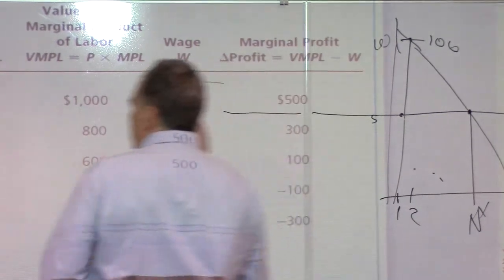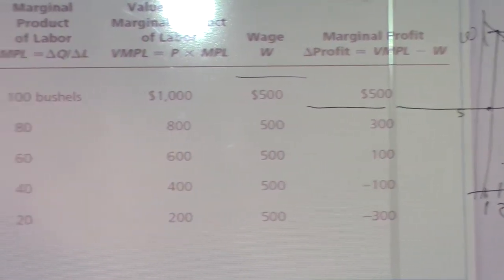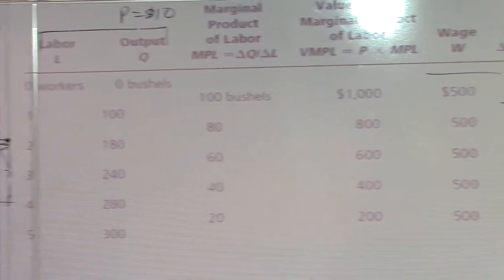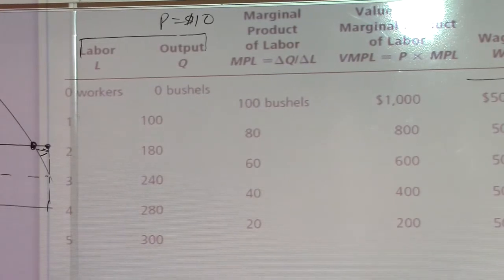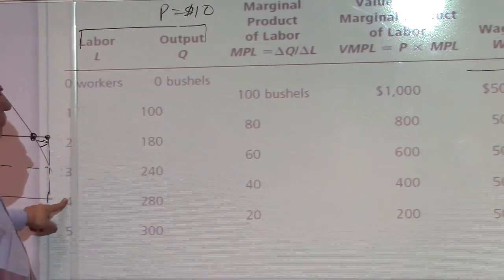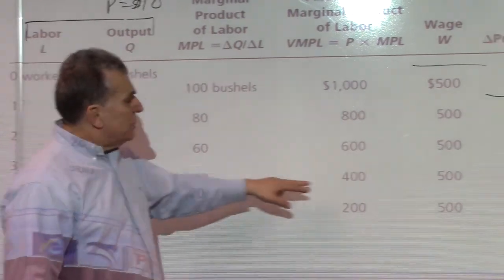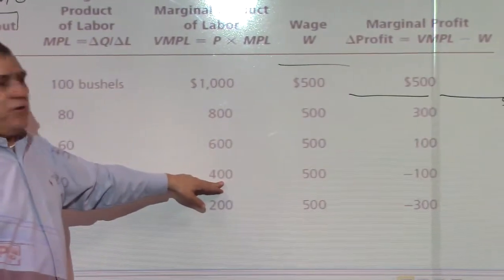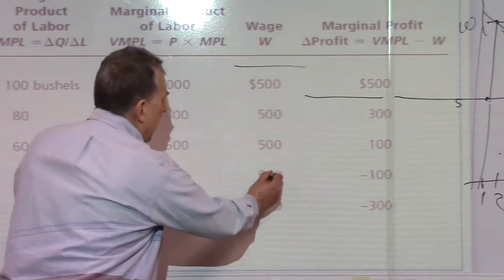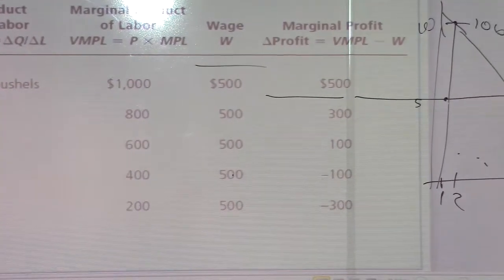You do that until it doesn't pay to hire the additional worker, and at what point does that happen? The fourth worker brings in 40 bushels. At $10, he's only bringing in $400. It's costing $500, so the firm doesn't hire the fourth worker.